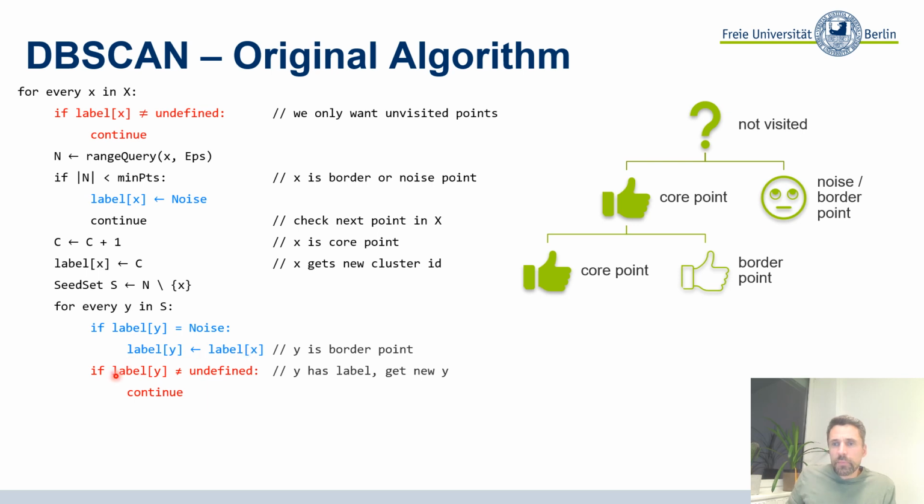Now, if the label of y is defined either because of the previous step or because we visited it before and assigned it to some other cluster, we do not continue. We get a new y from the seed set.